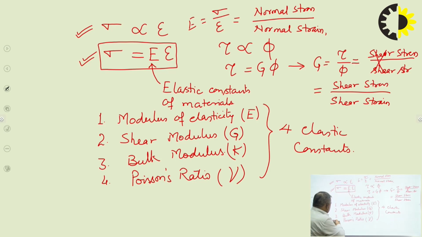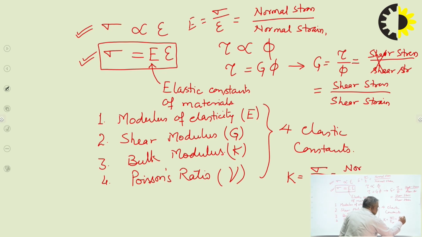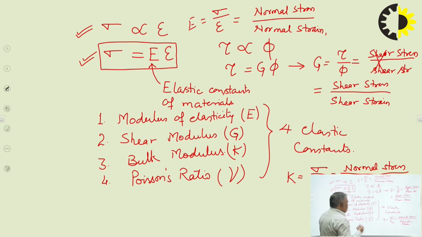Now, the third one is the bulk modulus. Bulk modulus K is equal to sigma upon epsilon V, that is normal stress in any direction divided by volumetric strain. And the fourth one is the Poisson ratio.